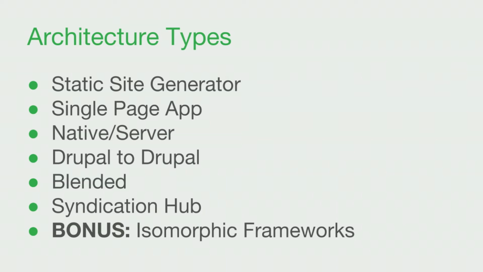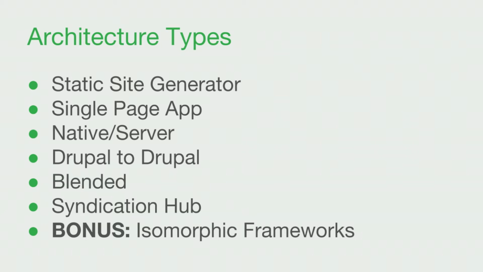So some of the things that we'll talk about are using Drupal as a static site generator, like Jekyll. Creating one-page apps, like creating an Angular app, something like that. Creating native applications or pushing content to a separate server.